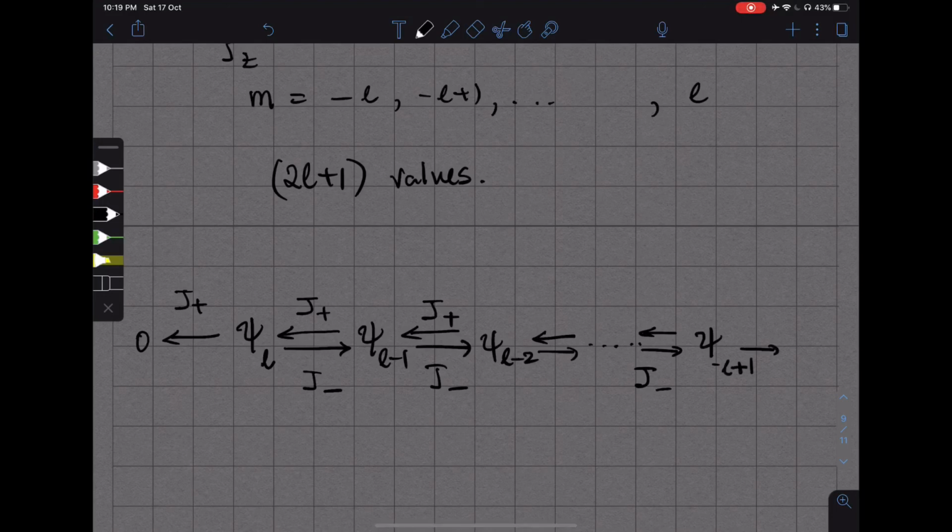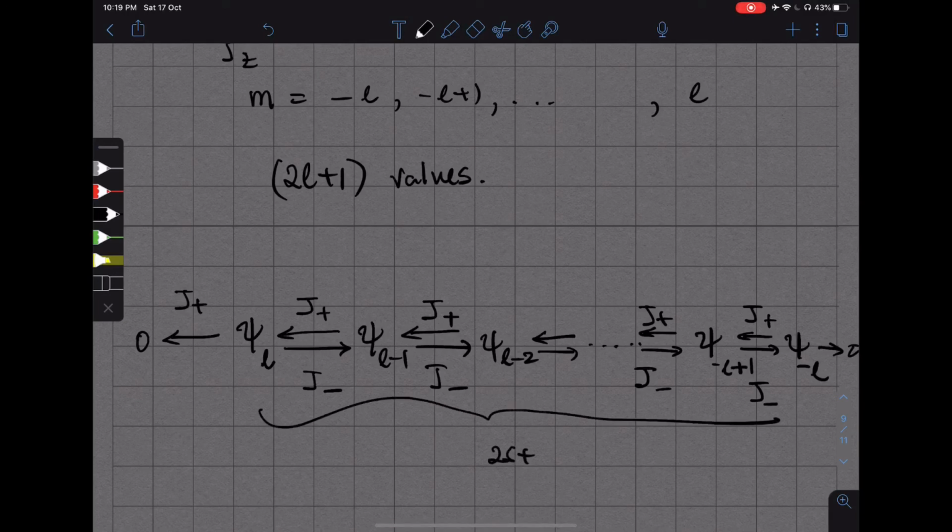And then if I lower it one more, I get psi of minus L. And on this side, we get J plus. So this is the picture we have. And these are the 2L plus 1 states.